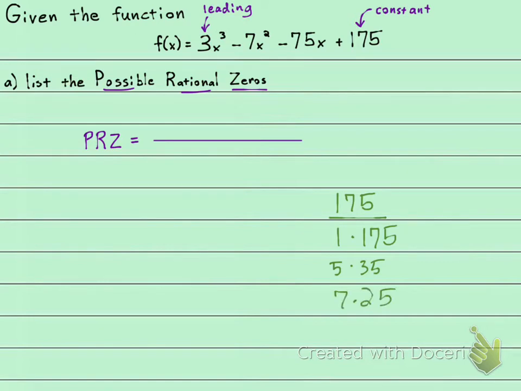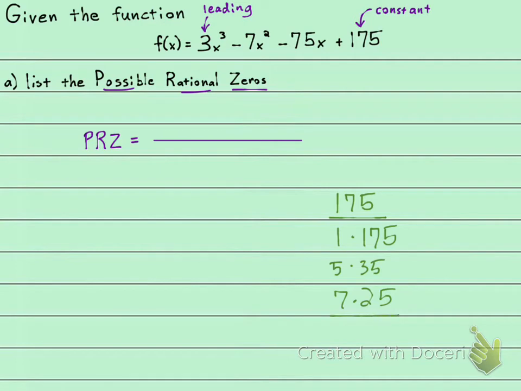175 divided by 8. 175 divided by 9. 175 divided by 10. 175 divided by 11. 175 divided by 12. 175 divided by 13. Okay, and now the number I get back is larger than the number I'm trying to divide into. I get 13.4615, so that's it.